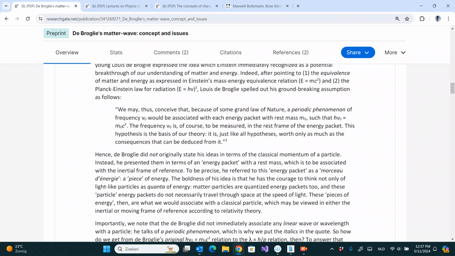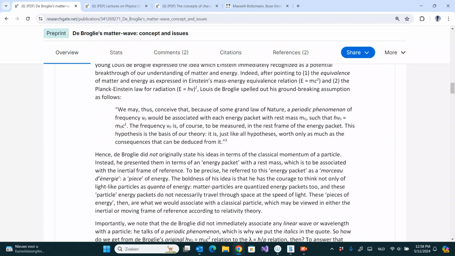His main reasoning from his thesis of 1924, published in 1925: we may conceive that because of some grand law of nature, a periodic phenomenon with a certain frequency would be associated with each energy packet with rest mass m0. So matter particles are basically energy packets. And then he combines Einstein's mass-energy equivalence relation, E = mc², with the Planck-Einstein law for radiation, which says the energy is Planck's quantum of action times some frequency, nu.